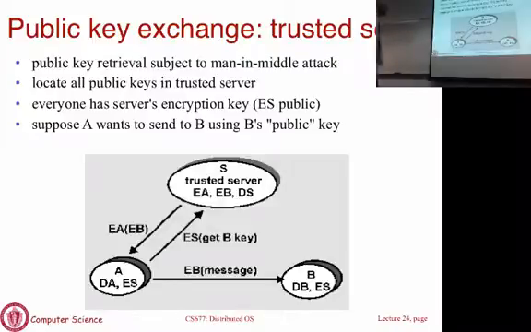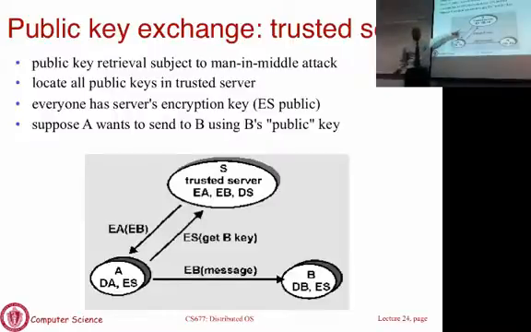If you know the trusted server's public key, you send an encrypted message saying, give me Bob's key. You send it encrypted with the trusted server's public key, so no intruder can decrypt this message and figure out whose key you are asking for. It can only be decrypted with the trusted server's private key, so getting this message is practically useless for any other intruder.